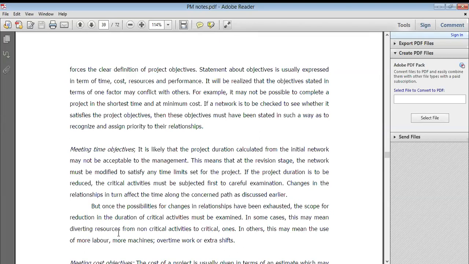Now, meeting time objective, what is it? Meeting time objective means the project duration calculated from the initial network, path 1, path 2, or phase 1, phase 2. On that basis we calculate. The duration from the initial network may not be acceptable to the management.